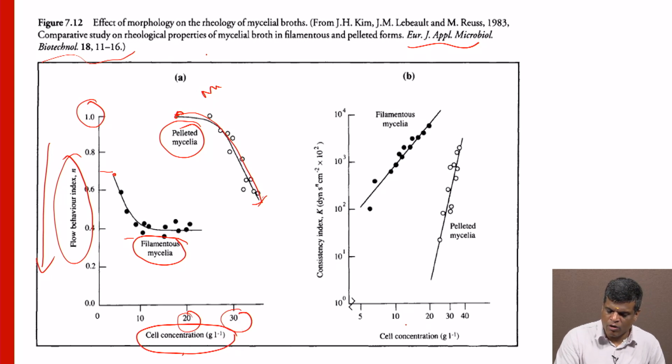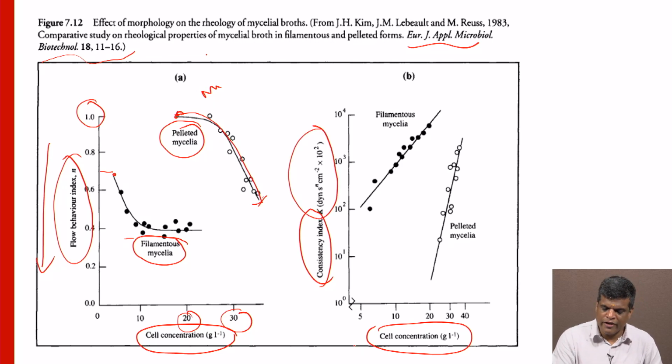In the same way, here the cell concentration in gram per liter is on the x-axis, and the y-axis is the consistency index K. n has no unit, it is dimensionless. As the cell concentration increases, the consistency index for the filamentous mycelia also increases. In the same way for pelleted mycelia, at a concentration around 20, it increases very steeply.